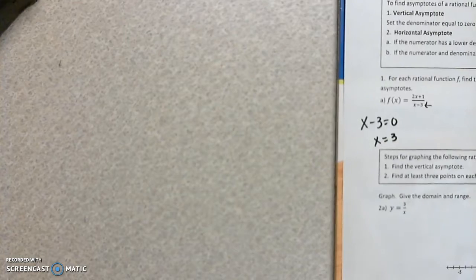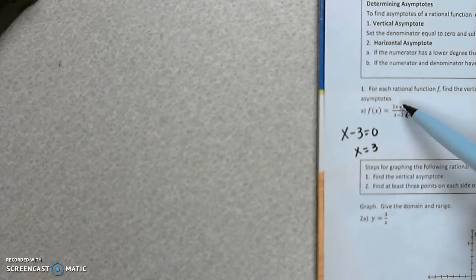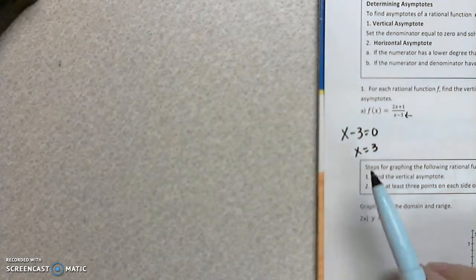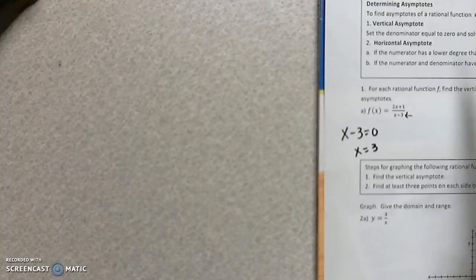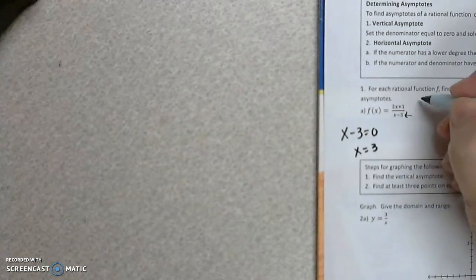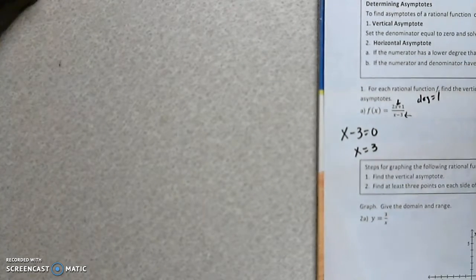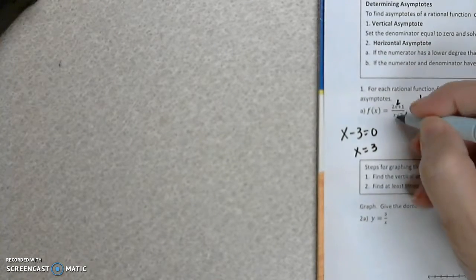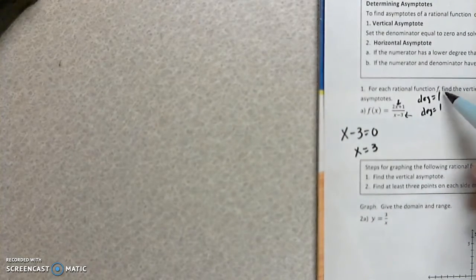To find the horizontal asymptote, I look at the leading terms of the numerator and denominator. What I'm doing is looking for the degree. If I look at the leading term here, 2x, its degree is 1 because that's what the exponent is. And on the bottom, the degree is also 1 because that's the exponent of my leading term. So they have the same degree.